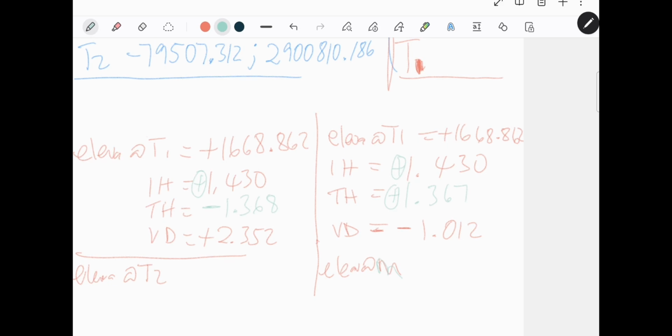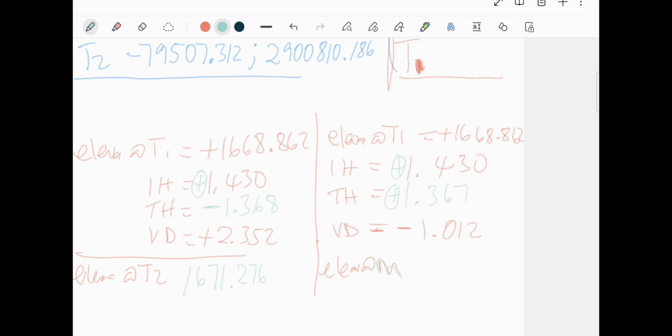So you just press this thing: 1668.862 plus 1,430 minus 1,368 plus 2,352. This is giving us 1671.276. Then for M, let's see that side.